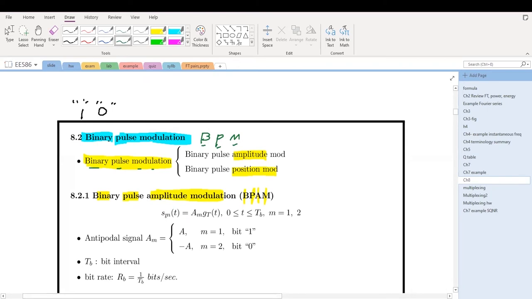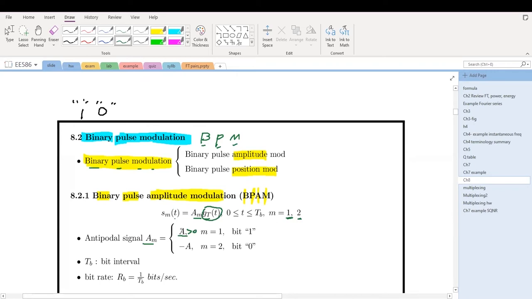s_m(t), where m equals 1 or 2, equals a_m g(t). g(t) is one waveform, and a_m equals A, which is greater than 0, some value.